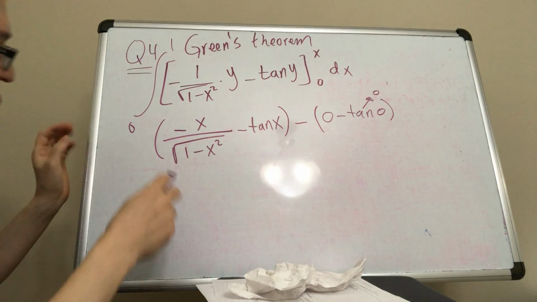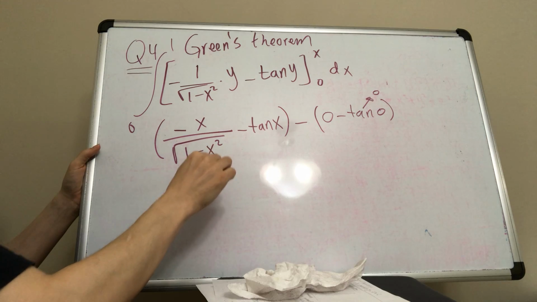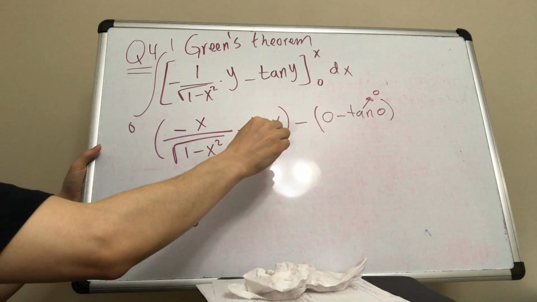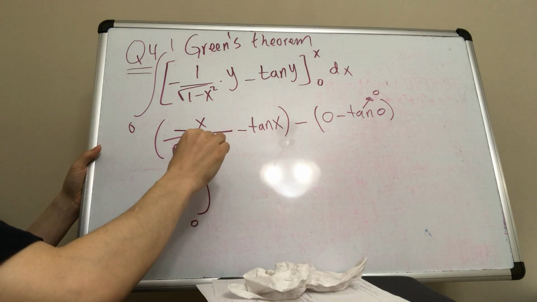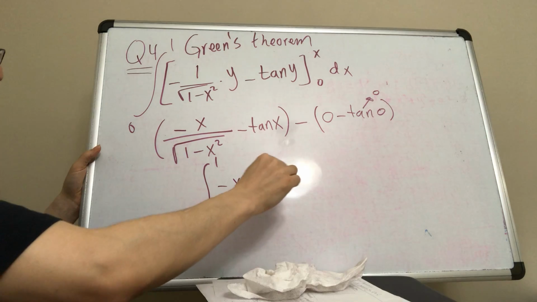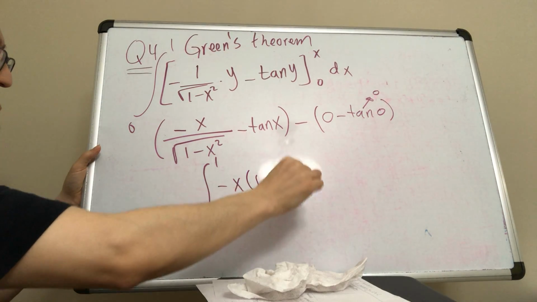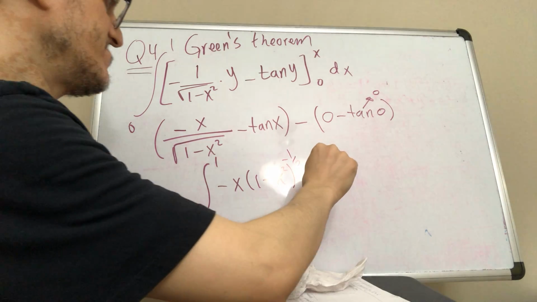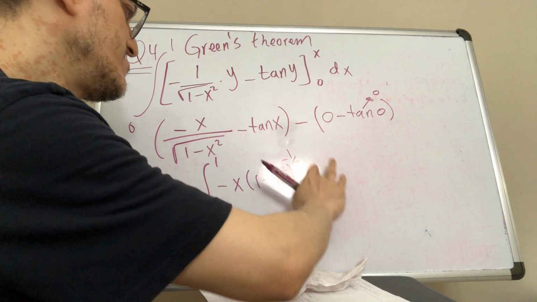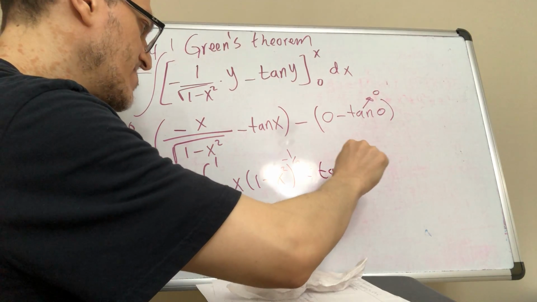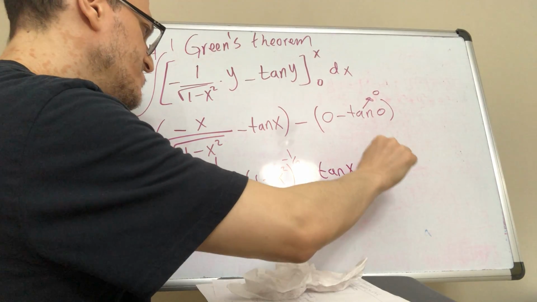So now I know that I need to integrate from 0 to 1 this and this dx. This one I can write as x times 1 minus x squared to the exponent minus half dx, minus tan x dx.